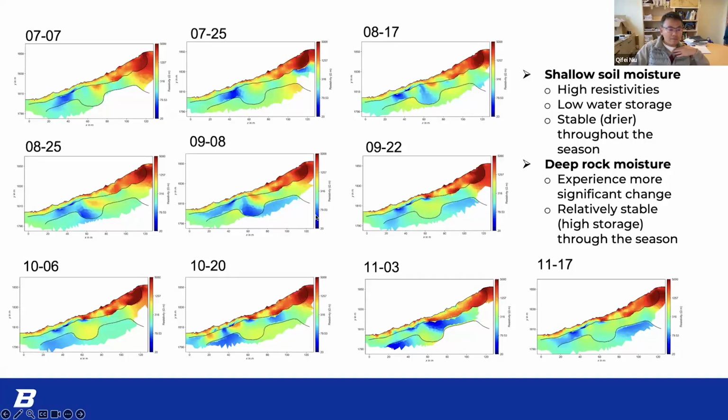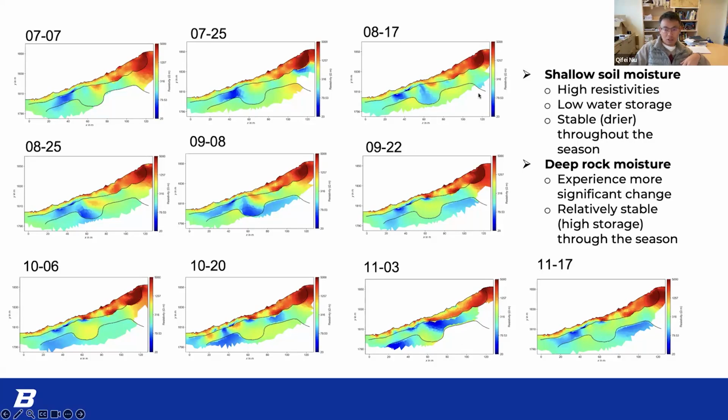After September, when you go into October, you start to see the water content in this region decrease. Then in the fall, in November, we don't have data in December, you start to see the water content increase. So this is the general trend we can see.